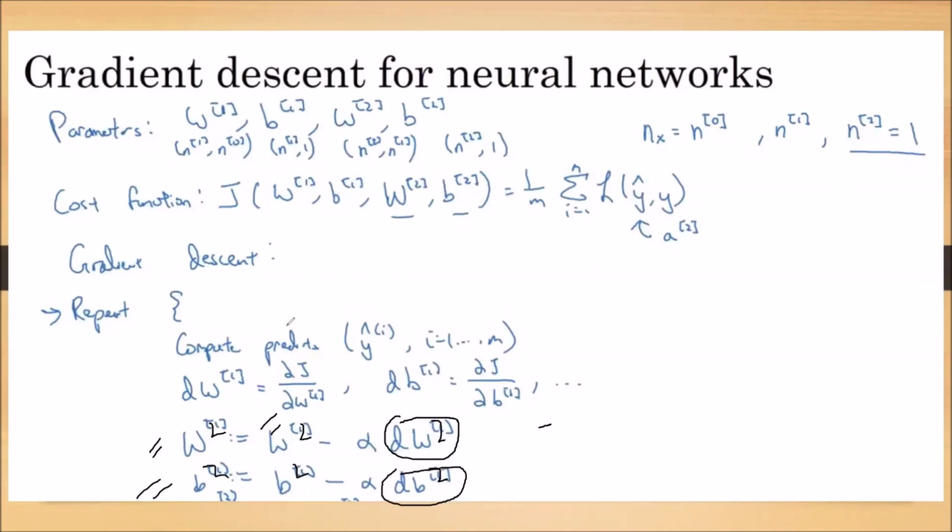For that, we are using three algorithms. One is forward propagation, second is back propagation, and third is gradient descent. In the forward propagation, we are calculating the predicted output. In the back propagation, we are calculating the DW and DB. And finally, we are applying this DW and DB in the gradient descent.